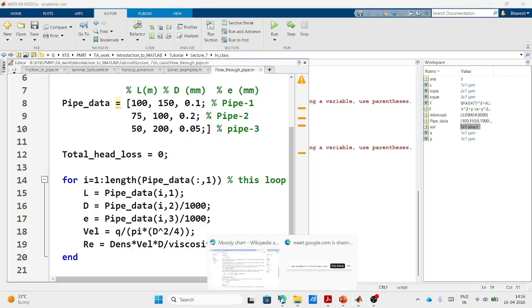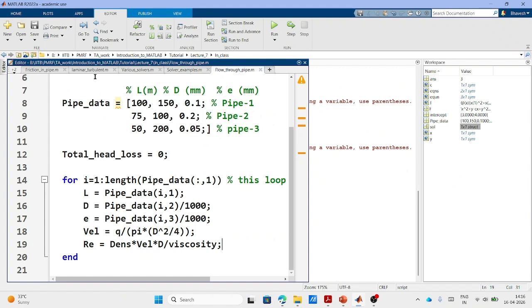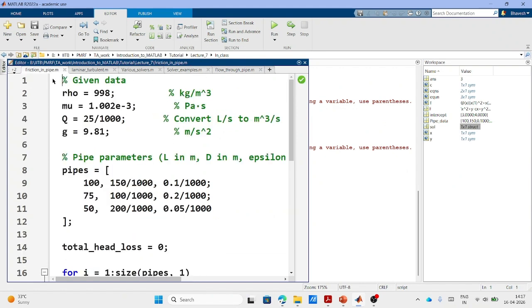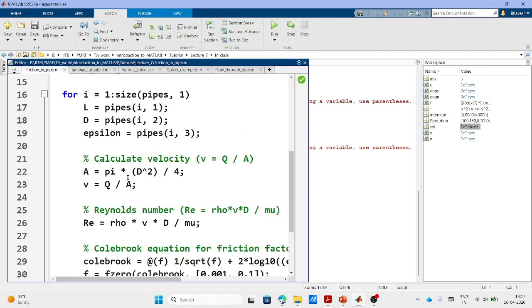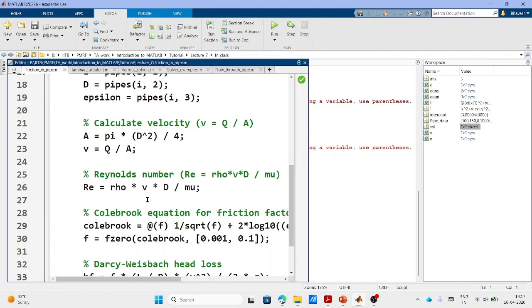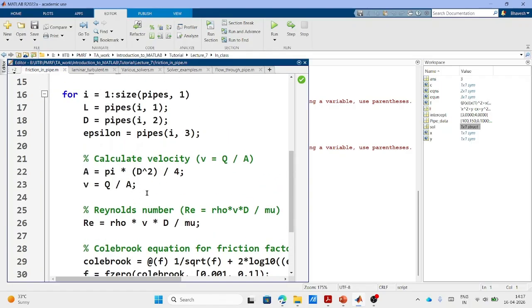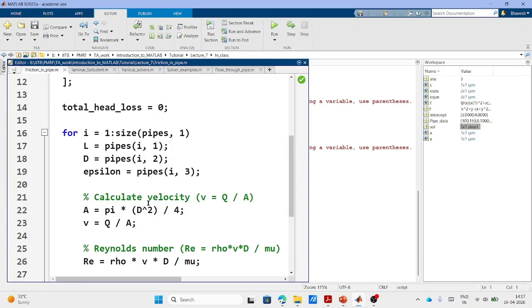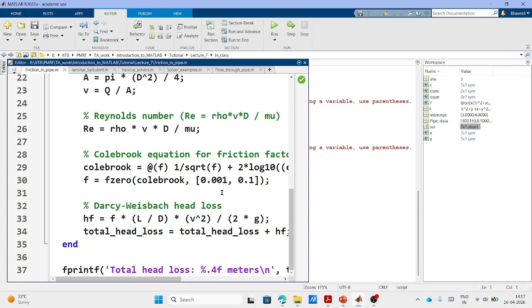Now what we have to do, we have to define a function which represents our Colebrook equation. For that, let me just copy paste it because I think we are running late. I have written it in much nicer format. Your Reynolds number rho V d by mu.